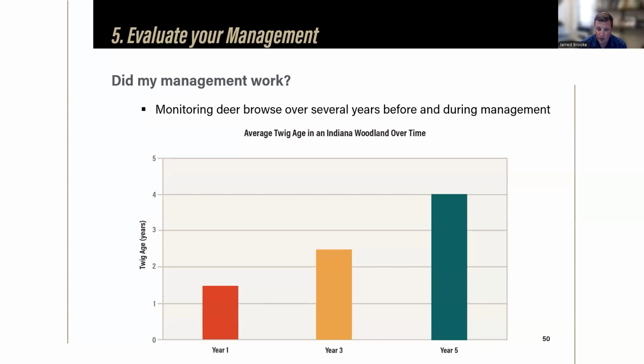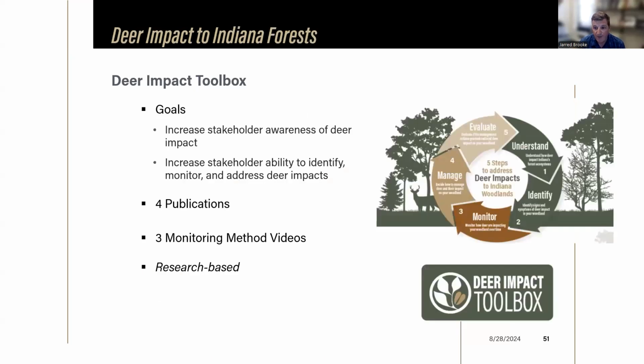So if your woodland starts out at a twig age of 1.5, that tells you that there's a lot of deer impact in there. But through your management, if you come back 5 years later and remeasure the twig age, and it's all the way up to 4, that tells you that whatever your management did is probably working, right? You've reduced the overall deer impacts. And so those are generally those 5 steps to addressing deer impacts.